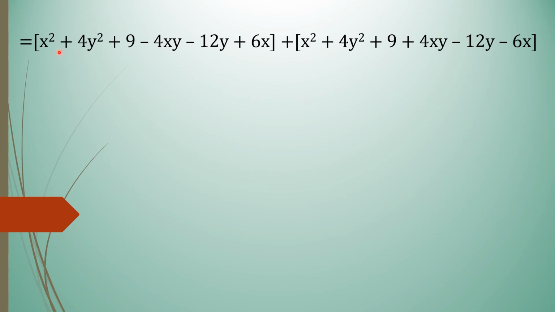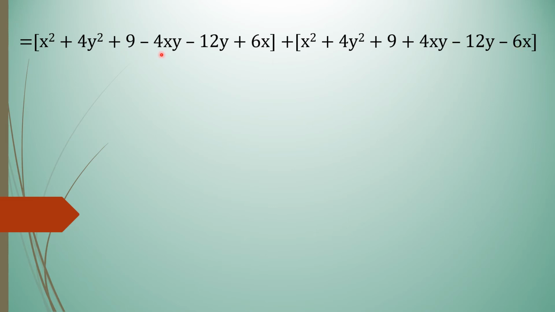So put in brackets the answer for the first part, x square plus 4y square plus 9 minus 4xy minus 12y plus 6x. Close the bracket. There was an addition sign between them, so plus, put the answer for the last expression: x square plus 4y square plus 9 plus 4xy minus 12y minus 6x.